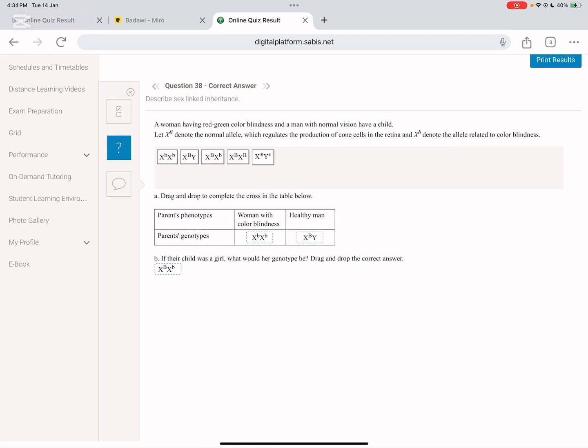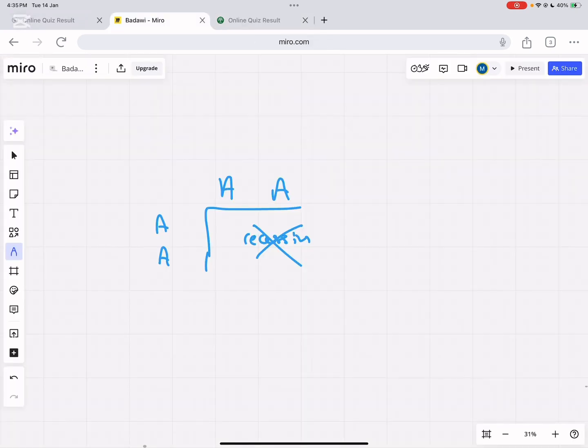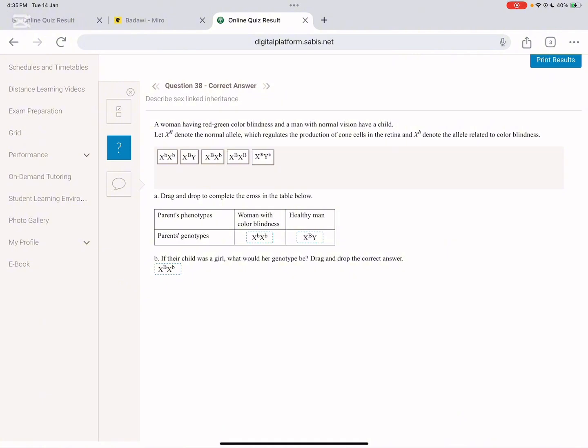Okay, a woman having red-green color blindness and a male with normal vision have a child. Let X capital B denote the normal allele and X lowercase b denote the color blindness. So what do we know here? It's very straightforward. They give us the phenotype, the parents' genotype. Since it's a healthy man, he will have the dominant allele. Since it's a colorblind female, she will have both recessive alleles.